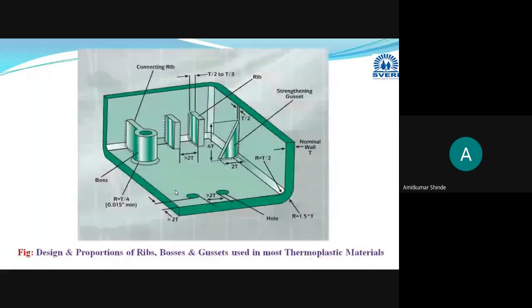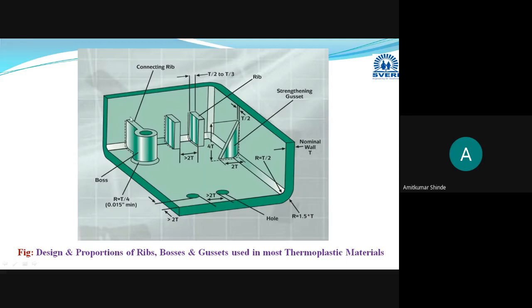I have added one diagram. In this diagram you can see clearly this is one view of the plastic part. This round, hollow cylindrical portion you are able to see here is the boss.